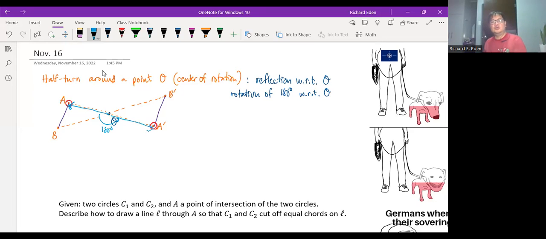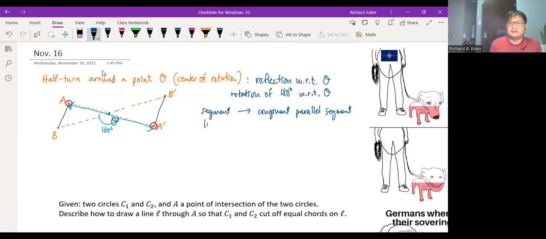Okay, so ray OA, the image under the half turn is ray OA prime. Okay, so when we do a half turn, a segment is brought to a congruent parallel segment.